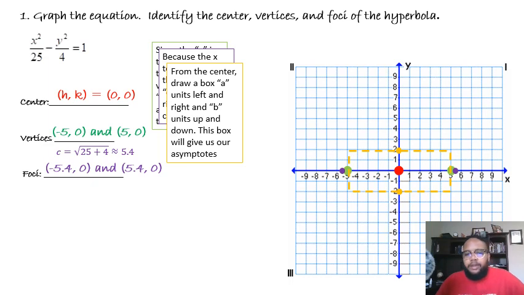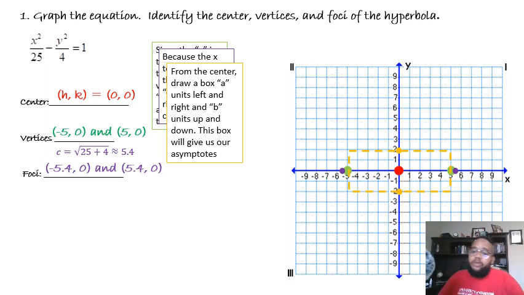like that, with the sides of the box being the points at the end of the conjugate axis and the transverse axis. If you watched our last video, the conjugate axis is the shorter side of the box, and the transverse axis is the line between the two vertices.